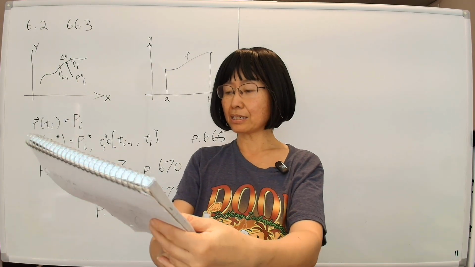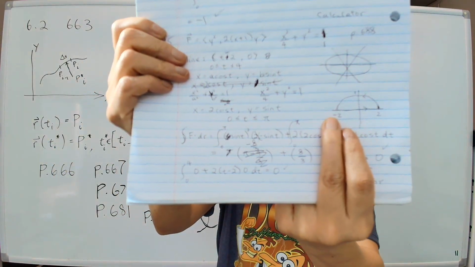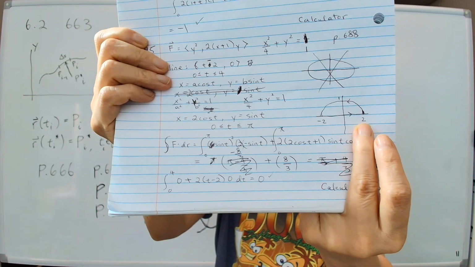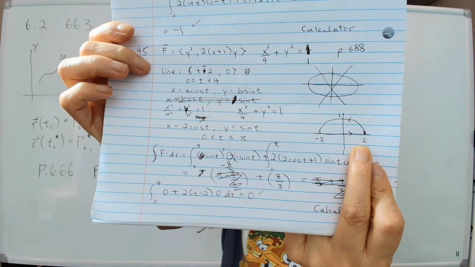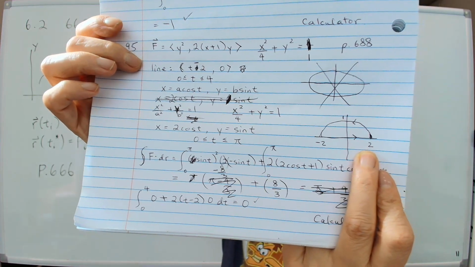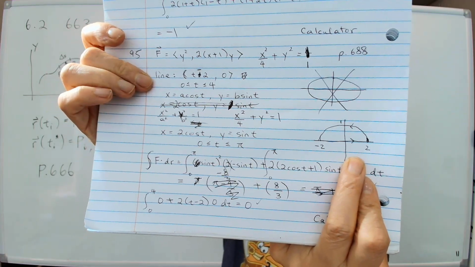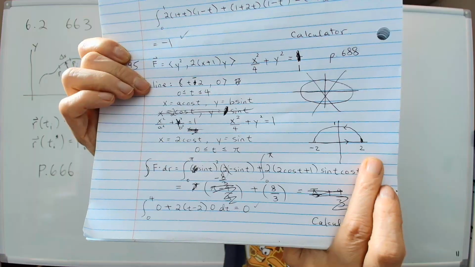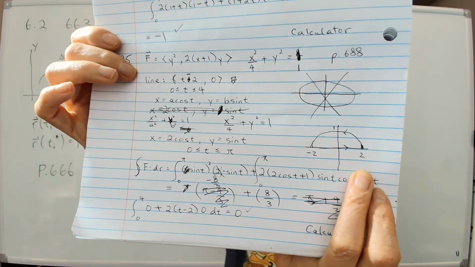Then the bottom straight line, where you travel from here back to here, is just the line we'll call (t minus 2, 0). You can basically make it up: come up with something that describes the x-axis from minus 2 to 2. I figured that (t minus 2, 0) will work.